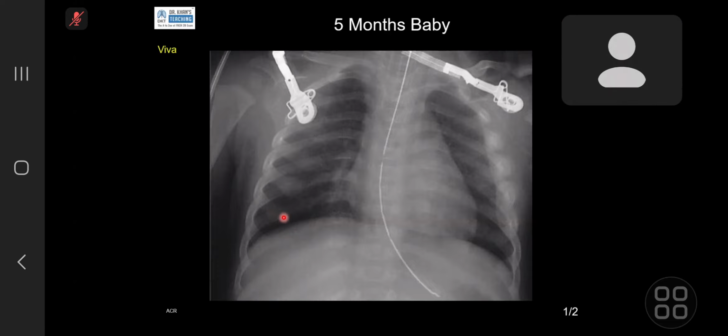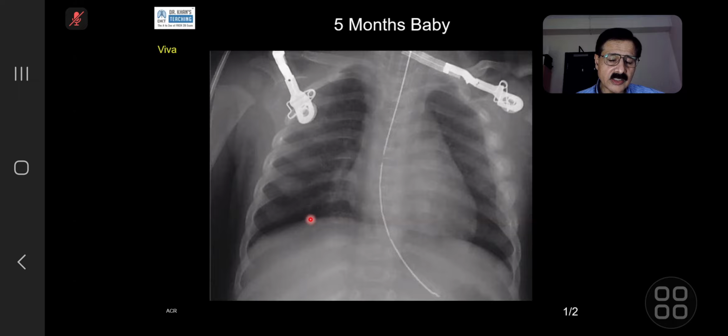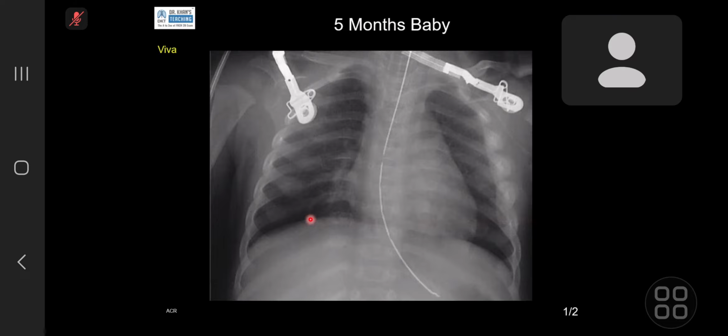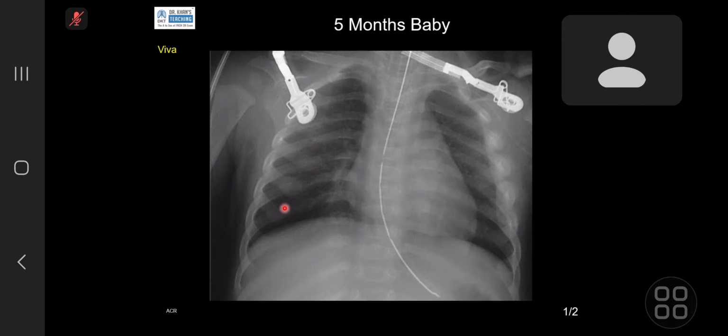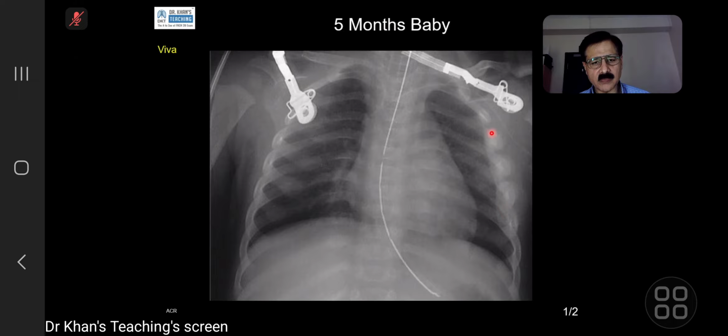Please remember in NAI, classically you see metaphyseal fractures, and just like rickets, the fractures can be at the costochondral junction, which can manifest as expansion. On the other hand, in this case, as you correctly pointed out, on the right side there is expansion, but immediately you picked up that there are fractures here.